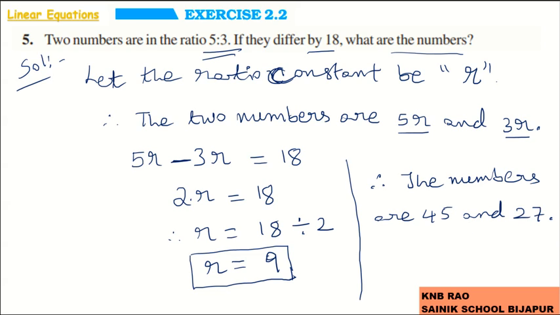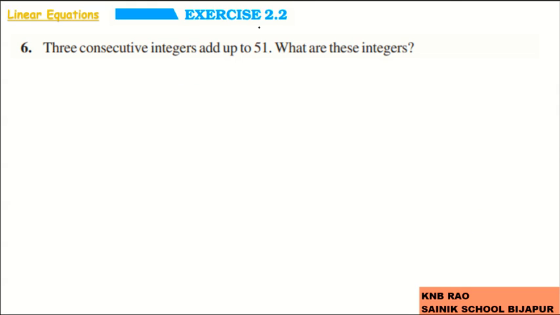Students, now coming to question number 6. Three consecutive integers added up to 51. What are the integers? Meaning of consecutive is nothing but continuous. So if I say one as x, the other two are next to x, x plus 1, and next to that x plus 2.